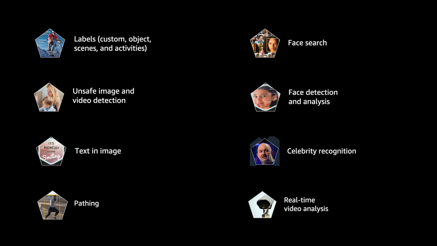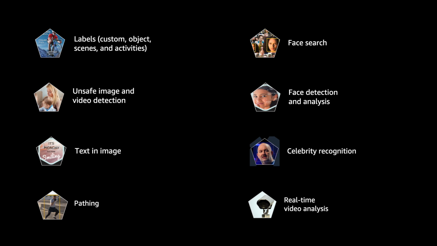In a video, it can do some pacing. So if you have a person moving around, it can track them. It can do face search. You can add faces to some kind of database, and it can identify them across multiple images or in videos. It can do face analysis and detection.